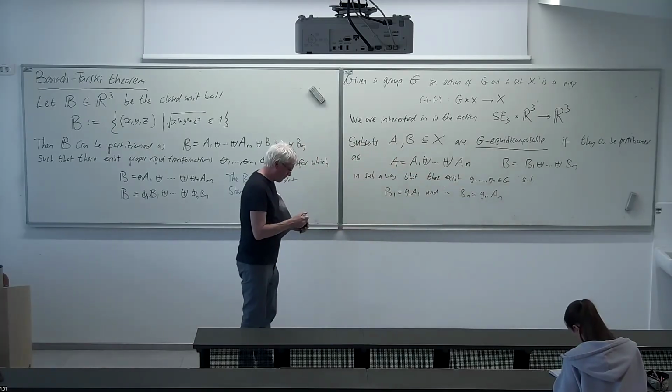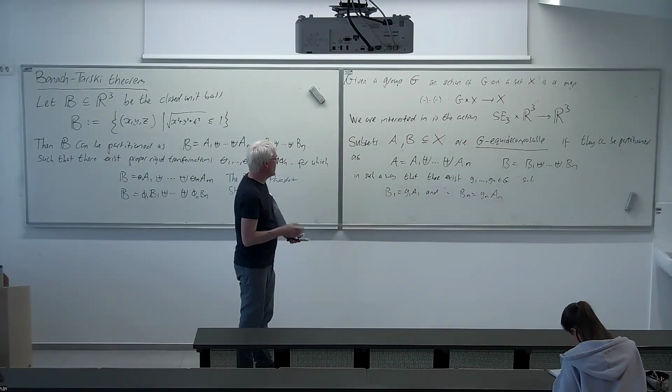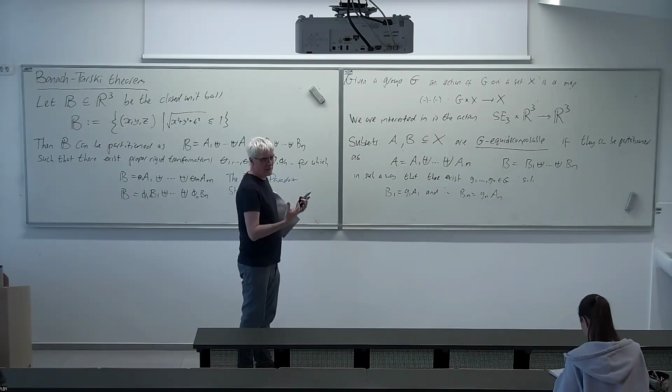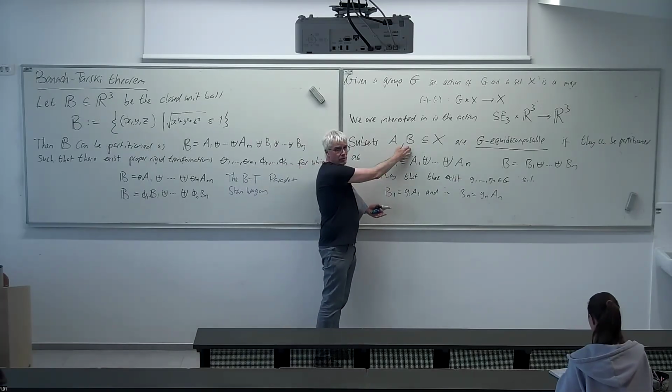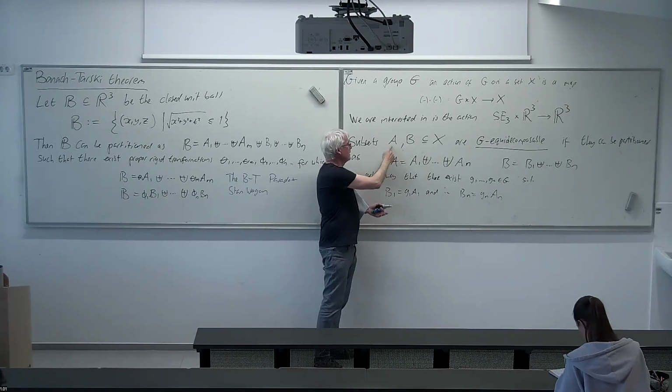But what this says in terms of three-dimensional space is two subsets of three-dimensional space are equidecomposable if we can chop them into the same number of pieces in such a way that each of the pieces, each paired element of pieces, each piece can be transformed to its pair on the other side.